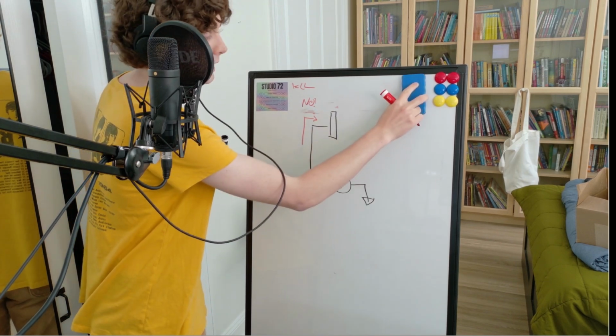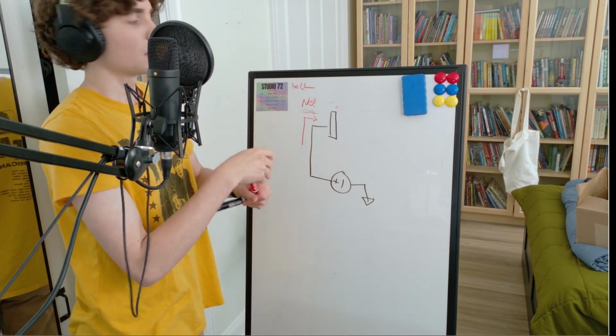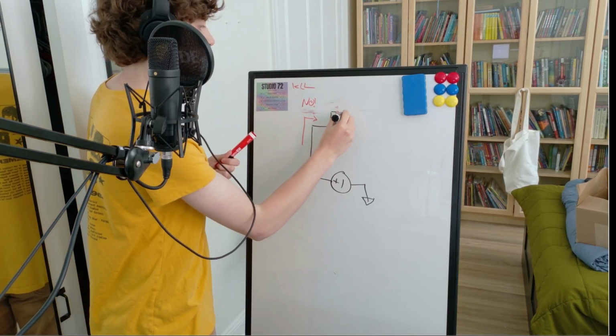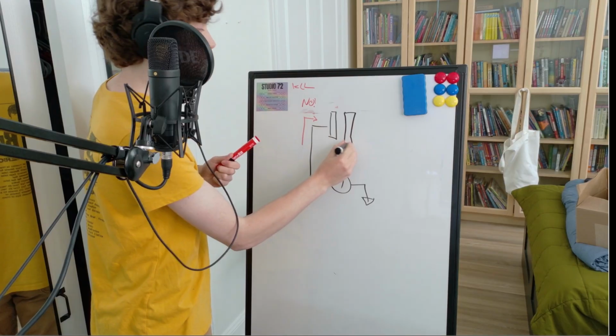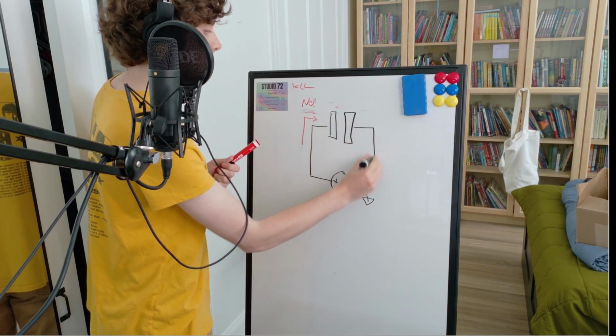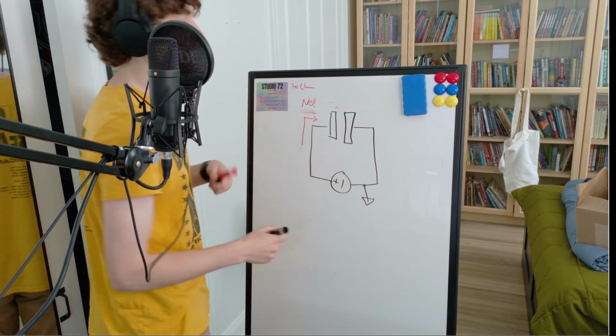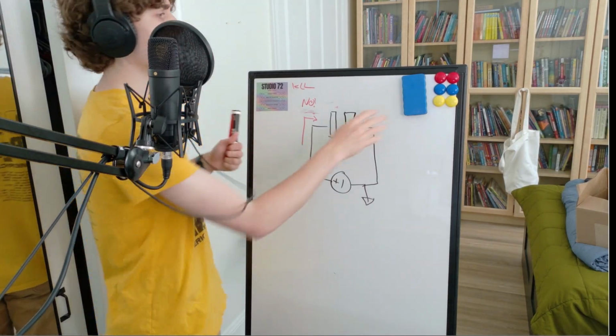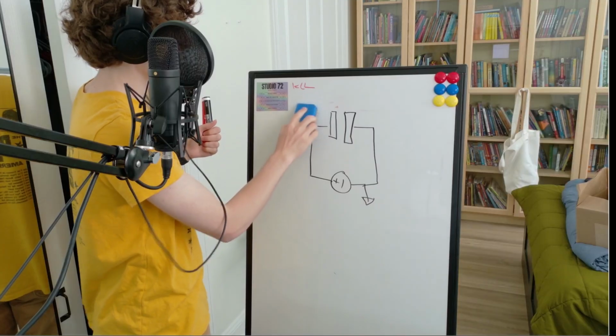Now, what if I changed it a little? Say I forgot to mention that there is another metal plate really close to that first one that's also connected to ground. Well, now, obviously, this is a capacitor.